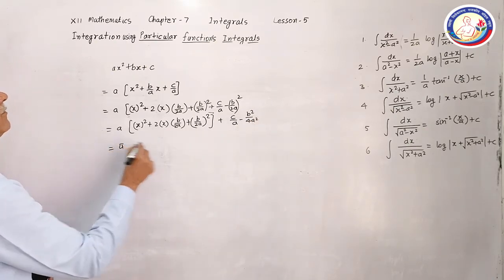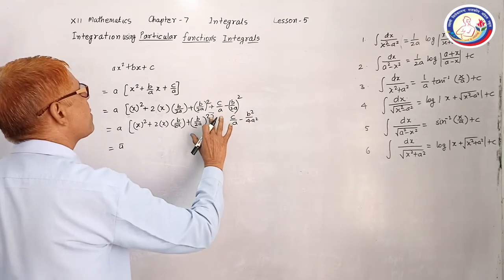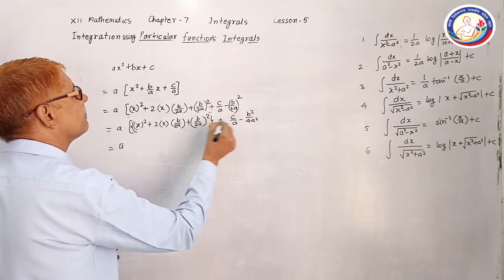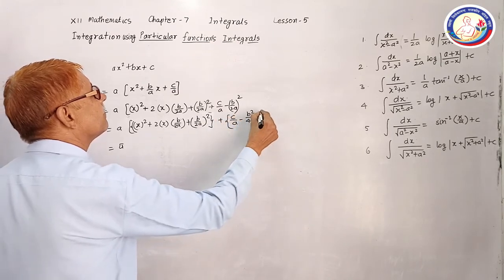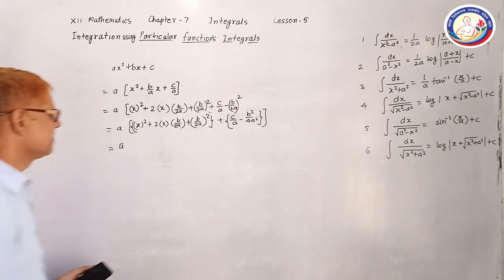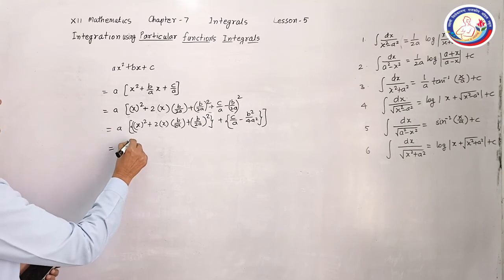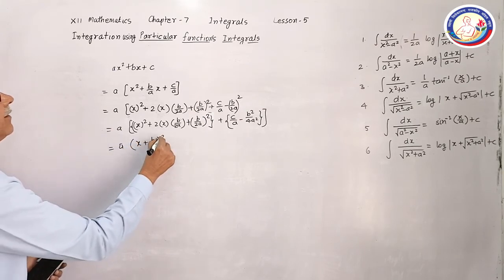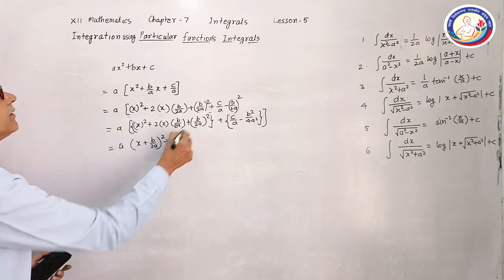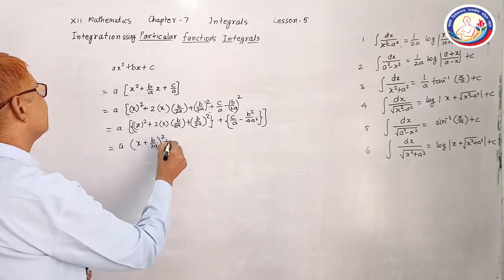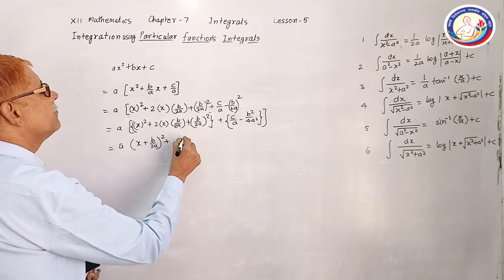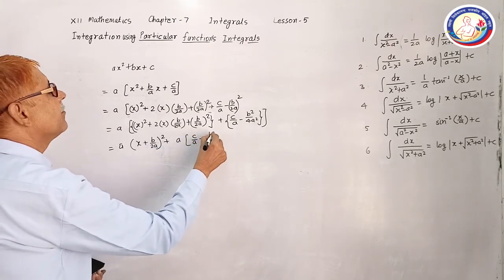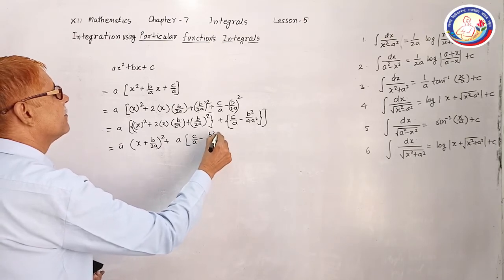And here a into this will be x plus b by 2a whole square, and plus a into c by a minus b square upon 4a square.